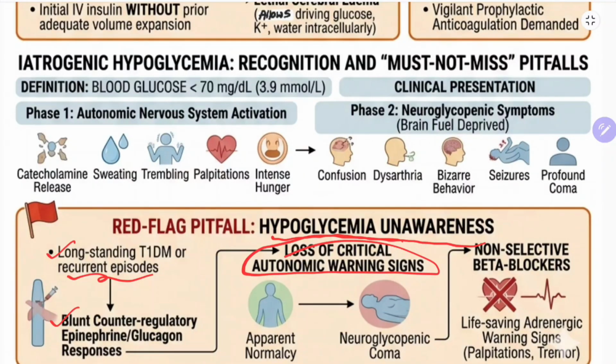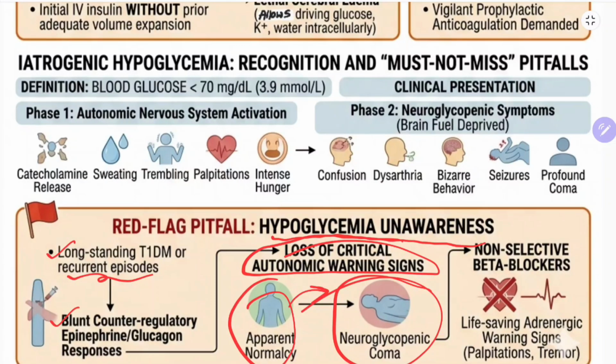So old patients or patients who have chronic type 1 diabetes mellitus will develop this hypoglycemia unawareness. They will not develop the initial autonomic nervous system symptoms, so they will directly develop the CNS symptoms. So this is a thing we should keep in mind.